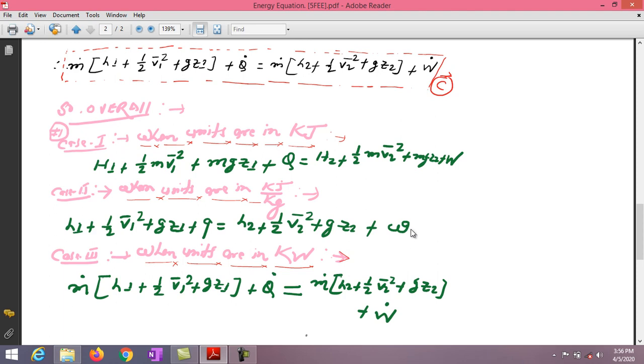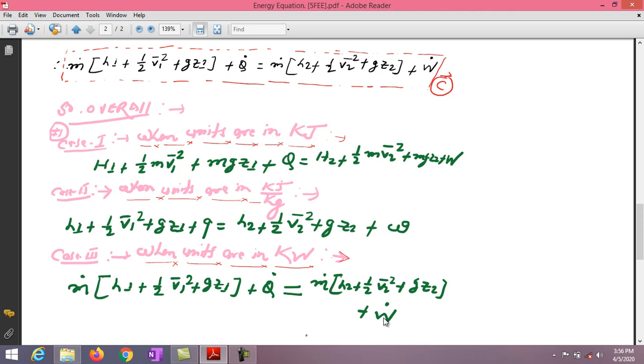If we multiply this equation by mass flow rate of air, the unit of all terms will be kilowatt. So m dot into h1 plus half u square plus gz1 plus capital Q dot is equal to m dot into h2 plus half v2 square plus gz2 plus capital W dot. This is the third equation of the steady flow energy equation when units are in kilowatt.